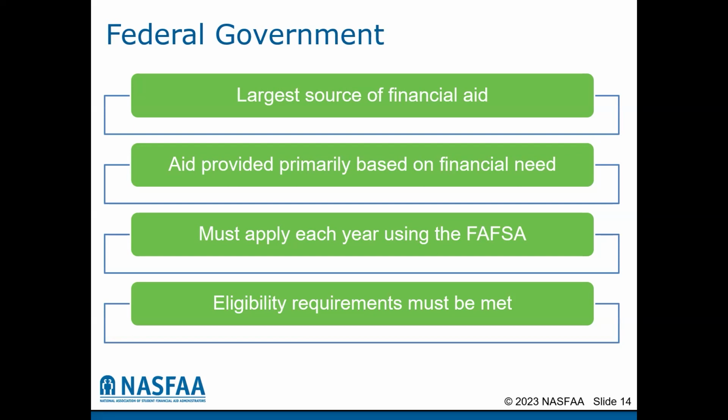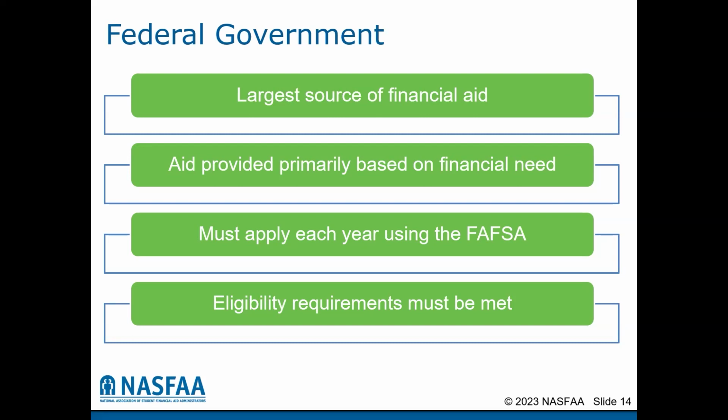Students must apply each year by submitting the FAFSA, the free application for federal student aid, at studentaid.gov. A student must meet eligibility requirements in order to qualify for federal financial aid.